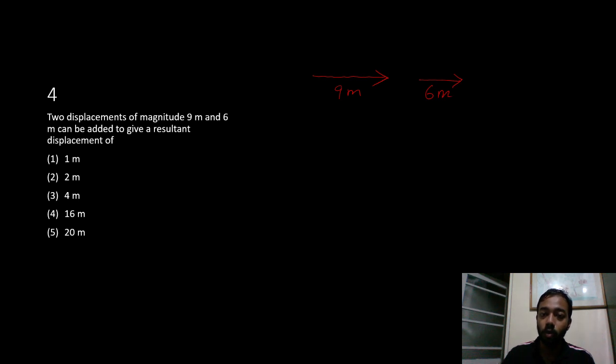If both the vectors are in the same direction, the resultant vector will be in that direction and the magnitude will be 9 plus 6, or 15.